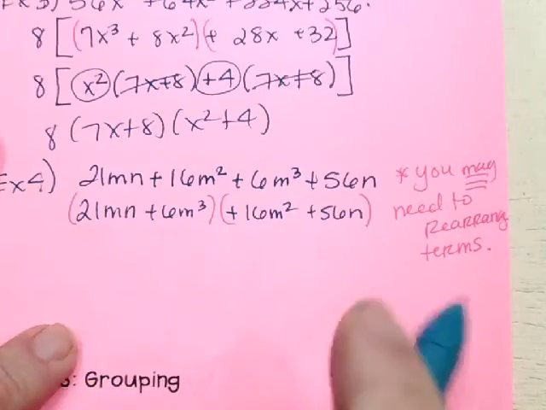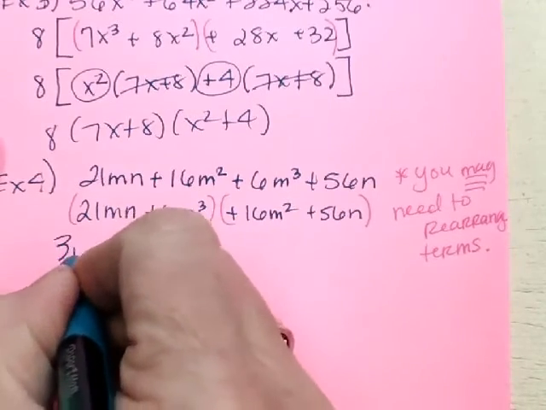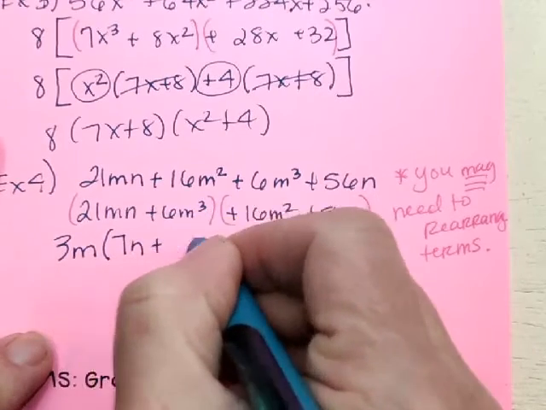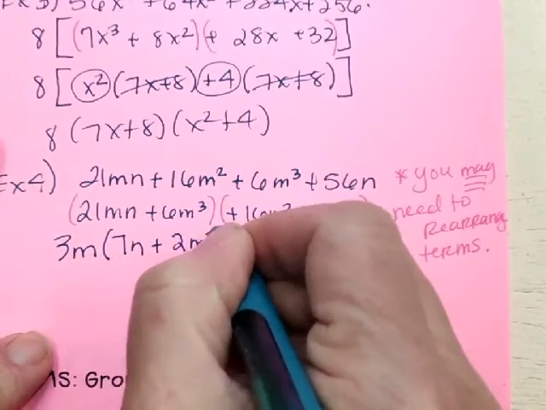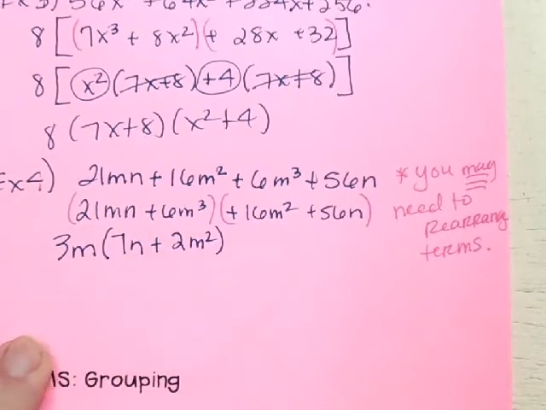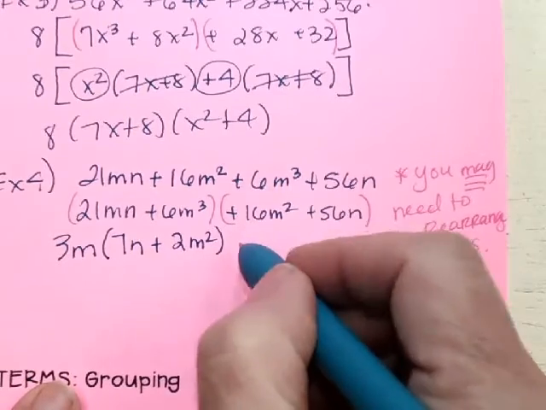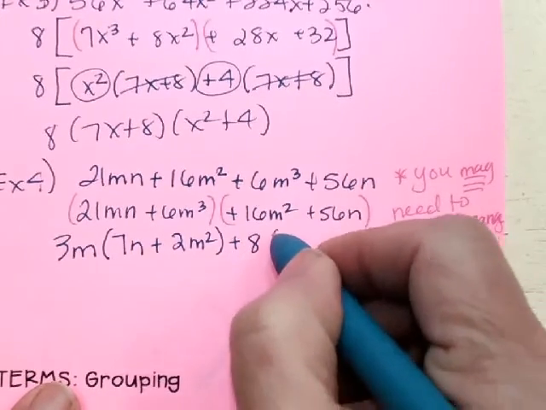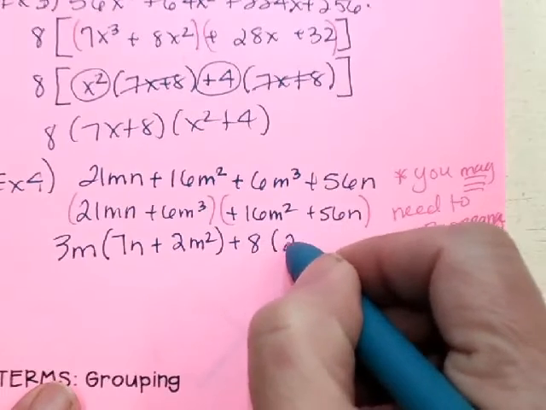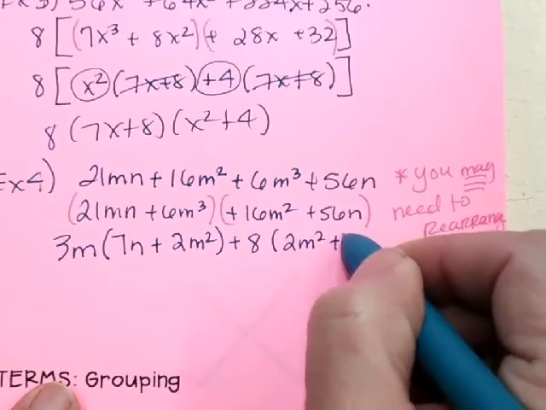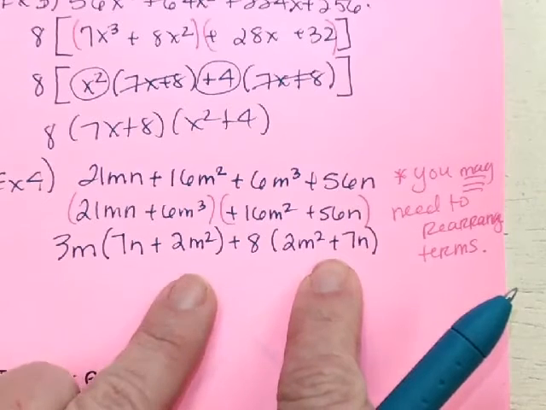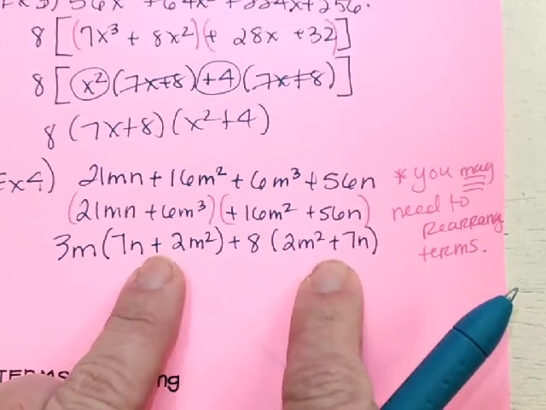We already said we could take out a 3m, and that's going to leave me with 7n plus 2m squared. And here I can take out a positive 8, just an 8. And that's going to leave me with 2m squared plus 7n.